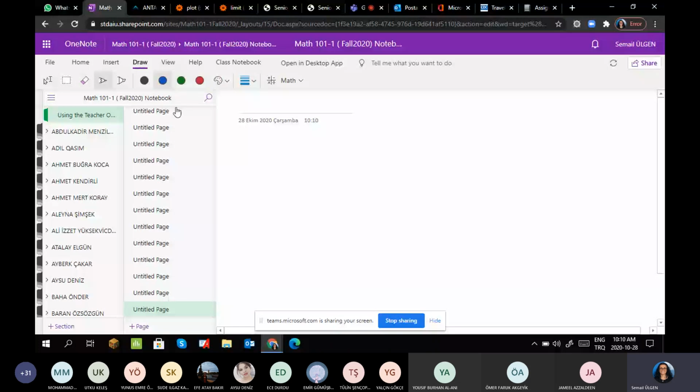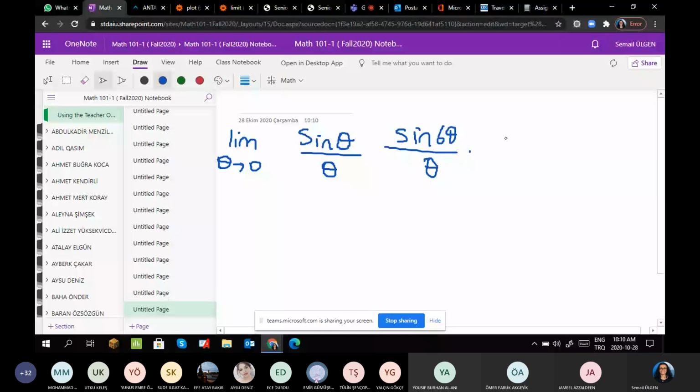Okay, limit as theta goes to 0, what I'm going to do: sine theta over theta, sine 6 theta over theta, times 1 over cosine theta, and 1 over cosine 6 theta. I separated them all, and I put this theta squared underneath these guys.